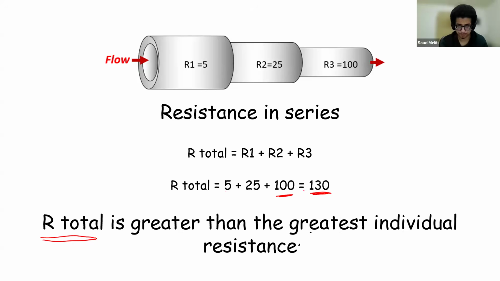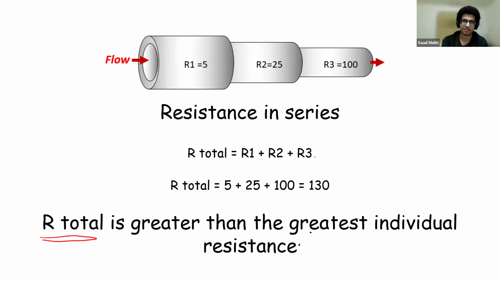The greatest individual resistance here is 100, but the total is 130. 130 is way bigger than 100. Basically, the total resistance is always going to be higher, no matter what. No matter how big any individual resistance is, the total is always going to be higher than it.